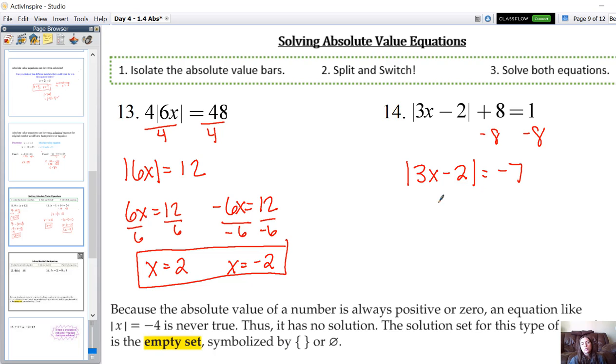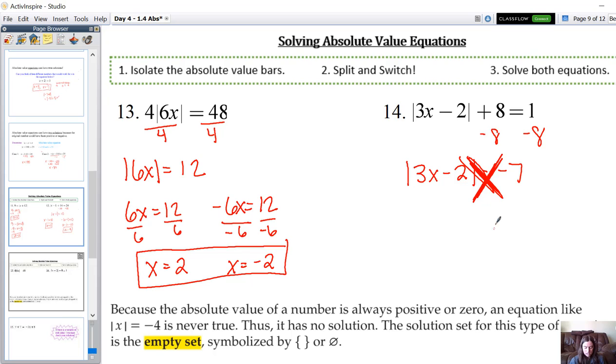If you think back to your days in geometry, distance is always positive. You can't go a negative distance. Absolute value is that distance from 0. So if you get an absolute value expression equal to a negative number, we have an issue. This is not allowed. Absolute value cannot equal a negative number.